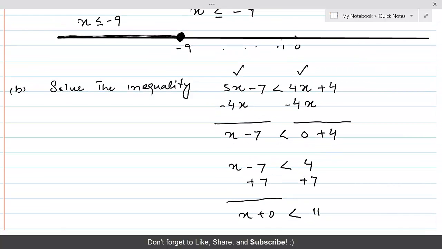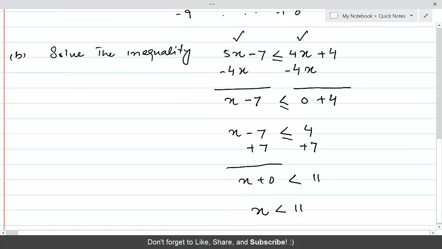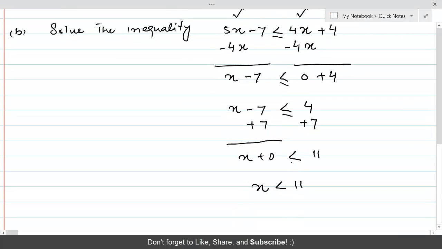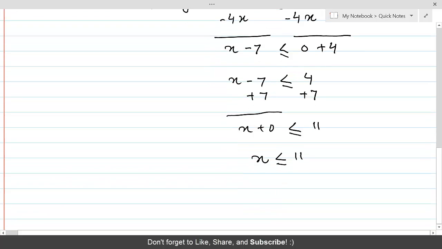And because in the question it was given an equal to sign, less than or equal to, we are going to place this equal to sign along with the less than sign, so that 11 itself becomes part of the solution.